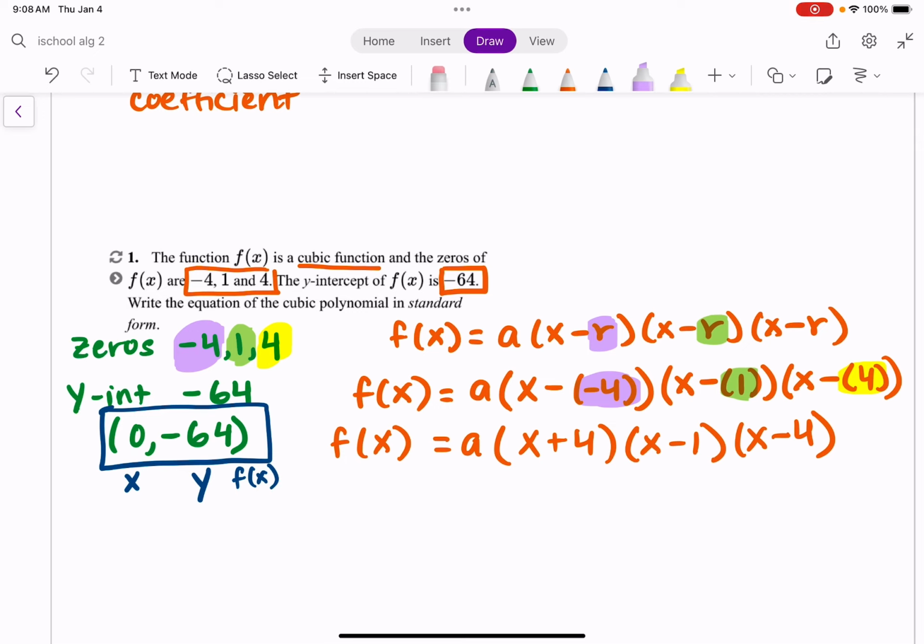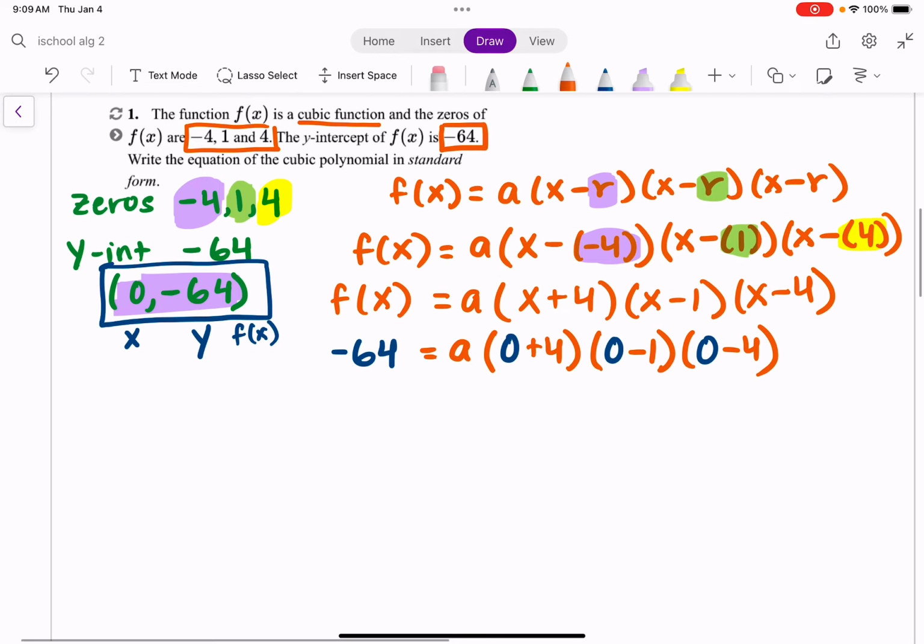So what I'm going to do is plug this point into the equation. So instead of f of x, I'm going to write -64 equals, I still don't know what a is, but I know now my x is 0. So 0 plus 4, 0 minus 1, and 0 minus 4.